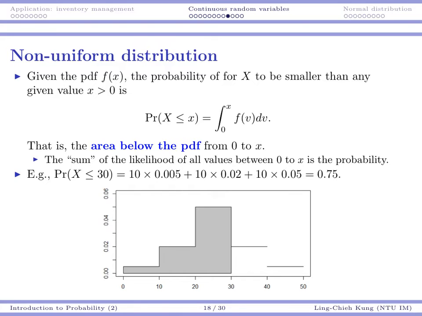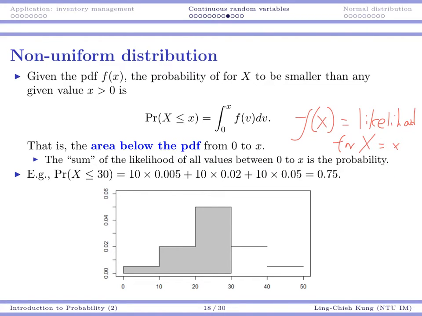You can say that f of x equals the likelihood for capital X to be small x. Here we use the term likelihood instead of probability because the probability for x to be a given number would be 0, so we tend to avoid that term. Once you accumulate all the likelihood for all the values within a given range, it becomes your probability.